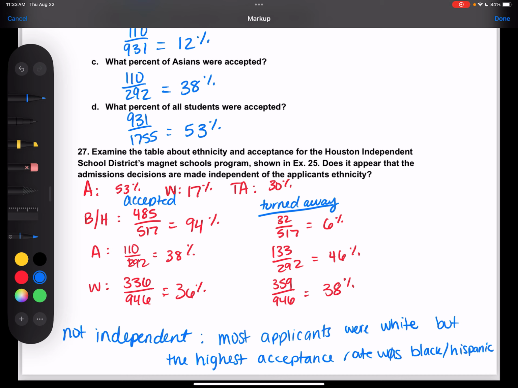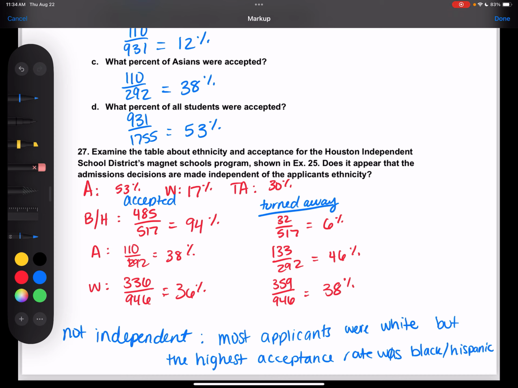And the other thing that we should have seen when we did this was that 53% were accepted. We also should have noticed that the accepted amounts should have been the same proportionately if it was really independent. So none of them were even remotely close to the 53%. We had one that way exceeded 53% and then some that didn't even hit 53%. So that's what we're looking for with that.